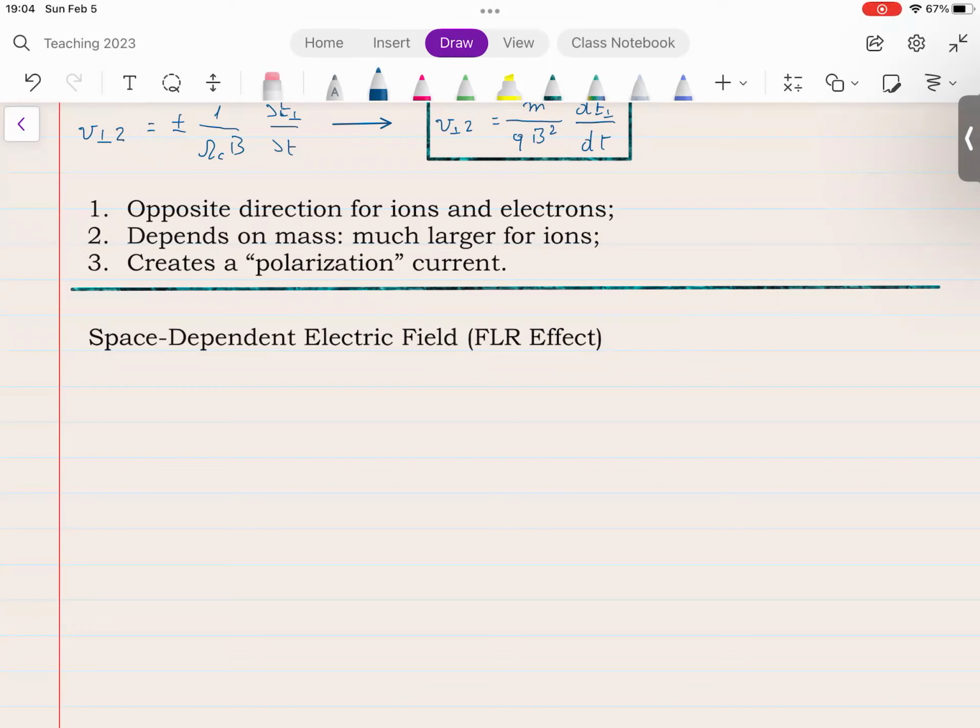Now, FLR is something that you will likely encounter in your work on plasma physics. Of course, it depends on what you do.